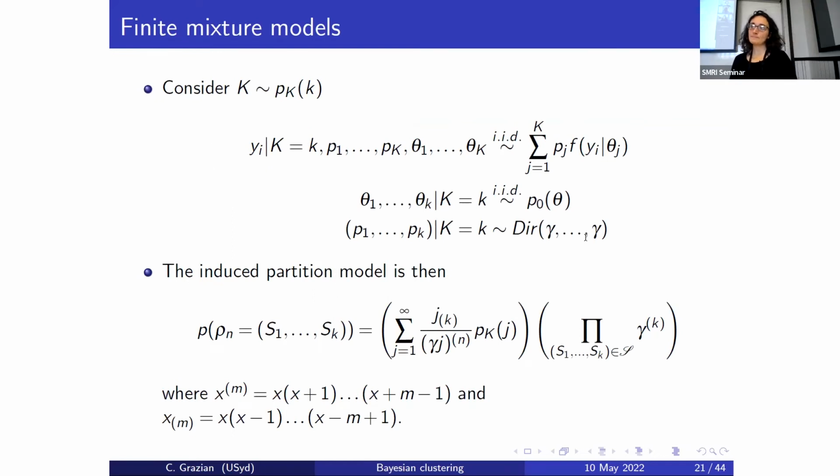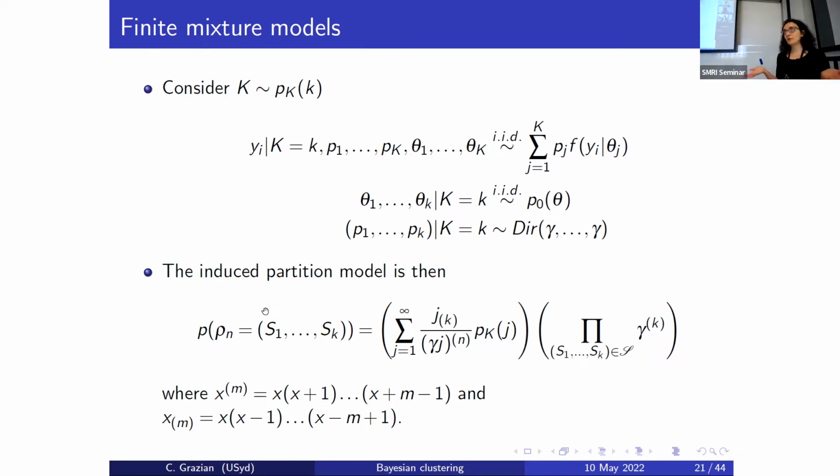So the prior for the number of clusters and the prior for the weights are chosen by the experimenter. And this induces a prior that has this form here on the partition. Otherwise, and it's another line of research, you can directly define a prior distribution on the partition itself.